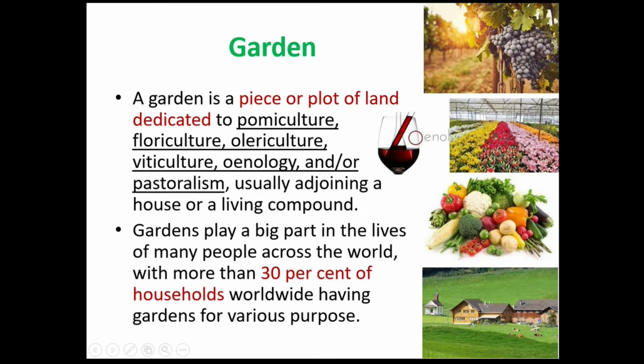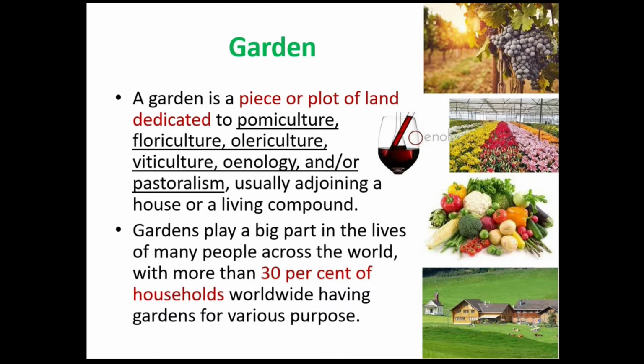Again, somebody said a piece of land with several flowers, but gradually we are not looking at the garden just for aesthetic beauty. Along with that, we need some monetary benefit too.